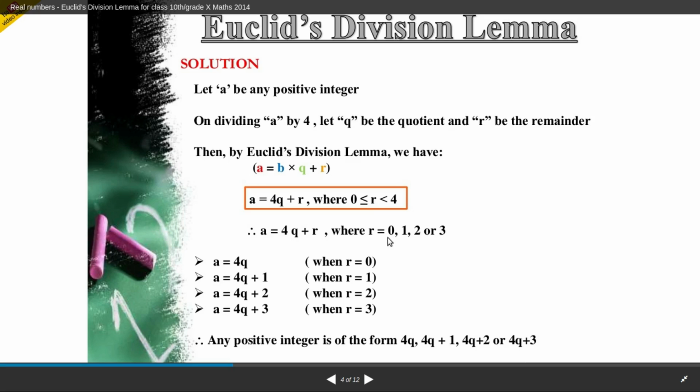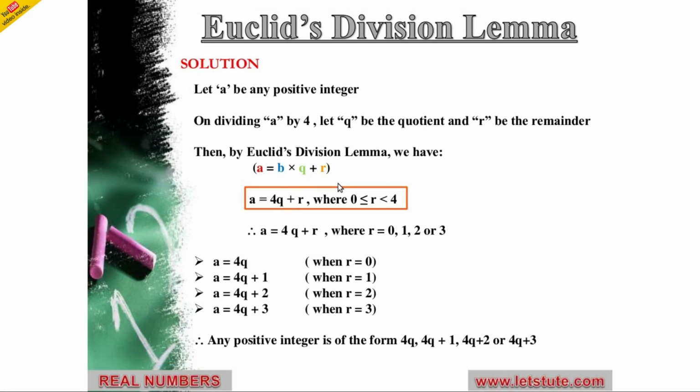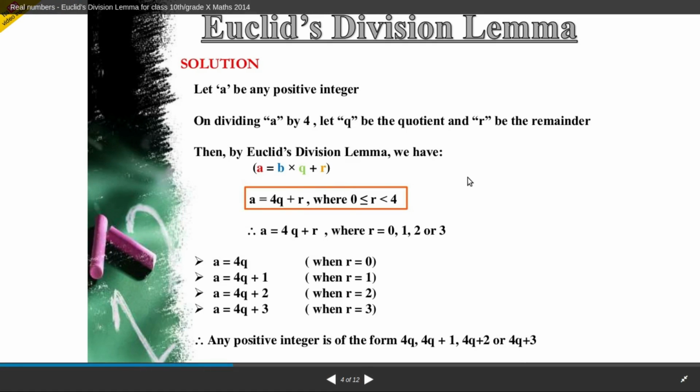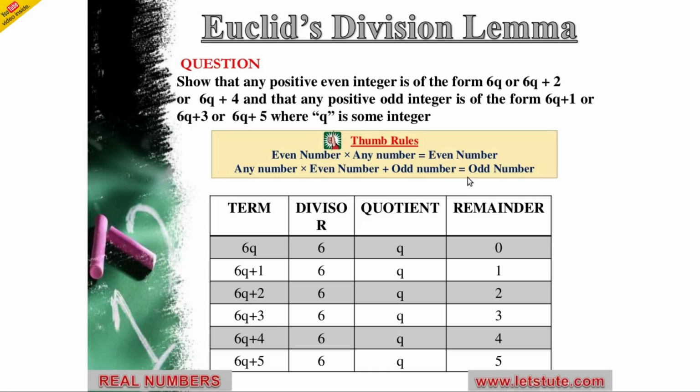Using these four values, make the expression. If I take r as 0, I get 4q. If I take r as 1, I get 4q plus 1, then 4q plus 2, 4q plus 3. Simple, right? This is how to solve this problem. I hope you understood this, and if you have any doubt, please put it in the comment section. We'll solve one more problem.